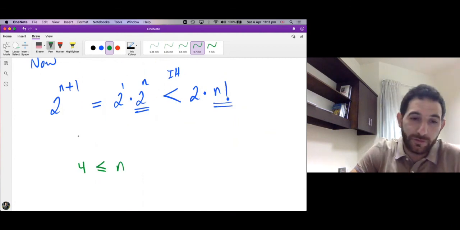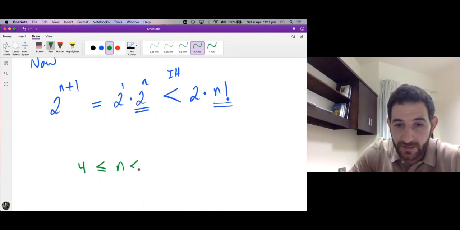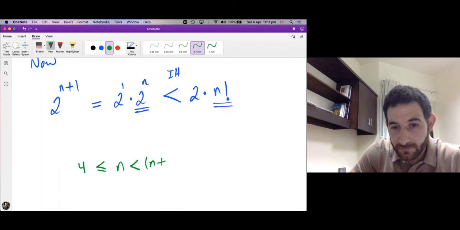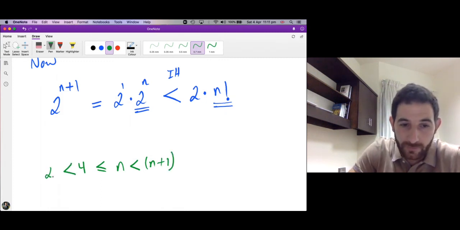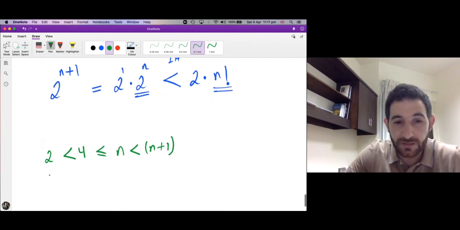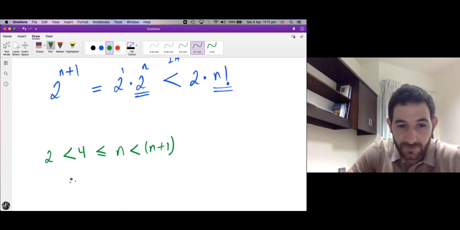And we know that n is strictly less than n plus 1, and 4 is strictly bigger than 2. So this means that 2 is strictly less than n plus 1.